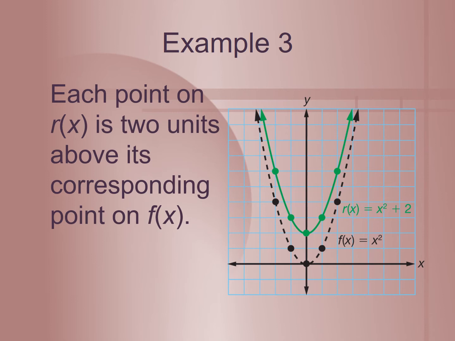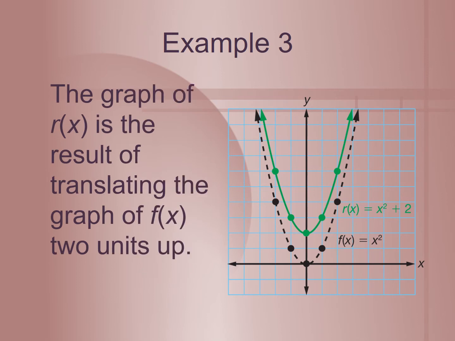And so notice that each point is 2 units above the corresponding point on the parent function. So the x squared plus 2 is a translation of the parent function. It's a translation of 2 units up.